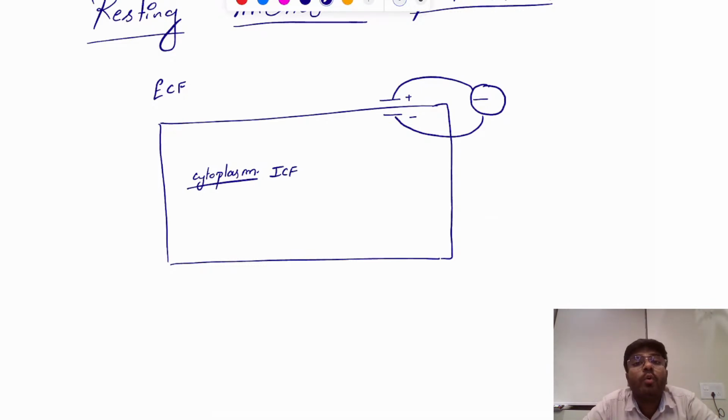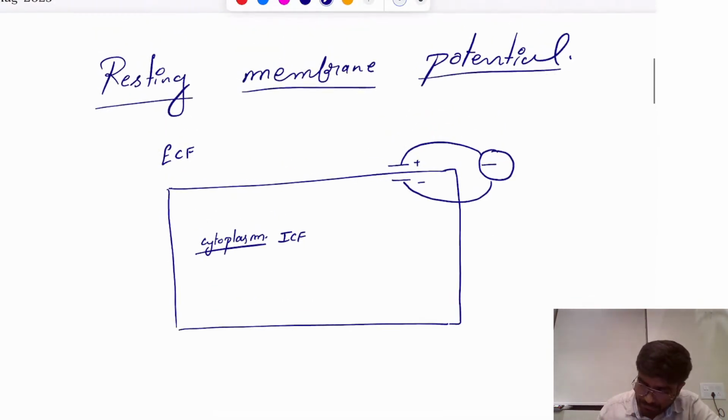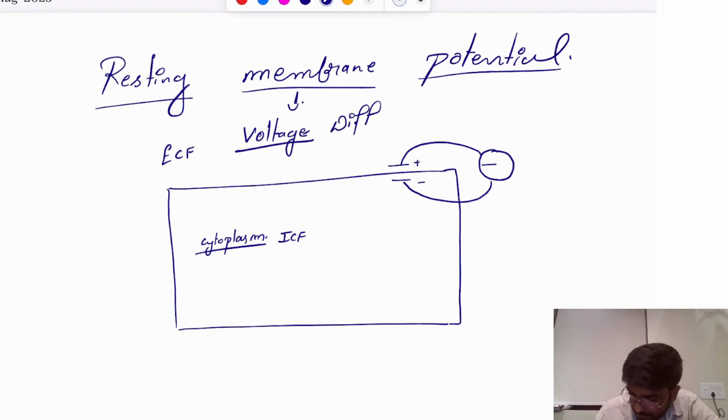When you measure the voltage difference across the cell membrane, this voltage difference is called the resting membrane potential. It is the voltage difference across the cell membrane.